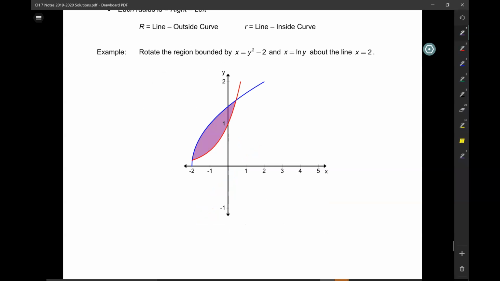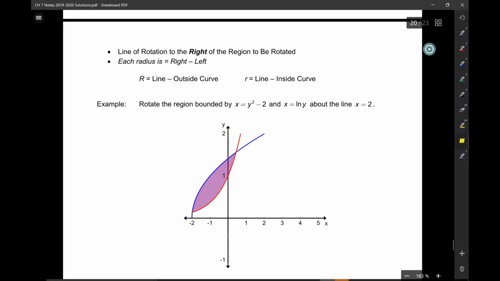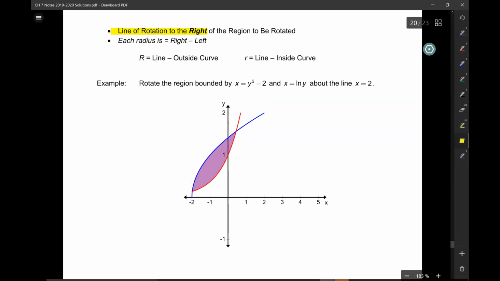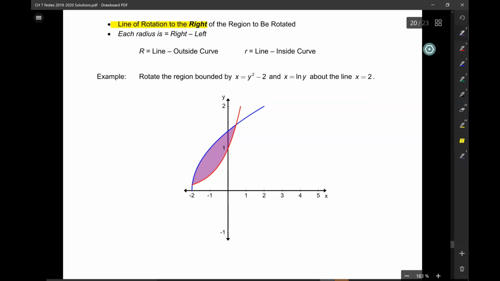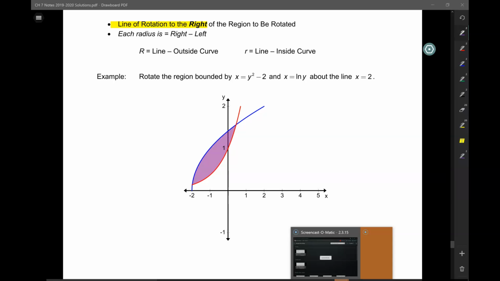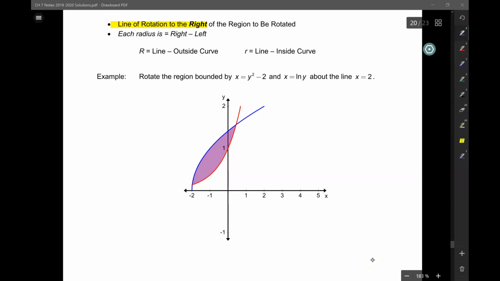Okay, so if the line is to the right of the region to be rotated, look at this one. We're rotating around x equals 2. If I'm rotating around x equals 2, now I have a little radius and I have a big radius.